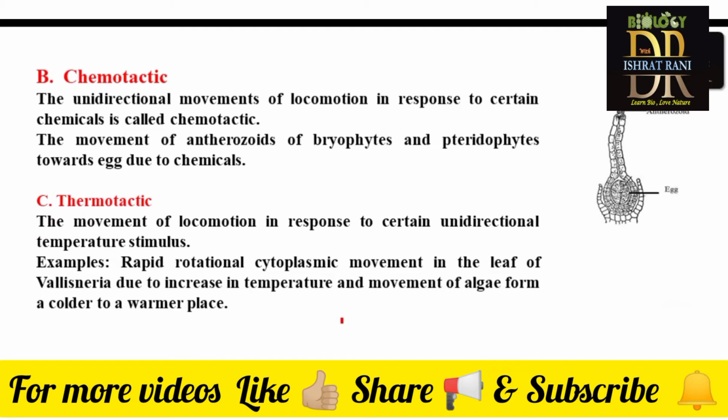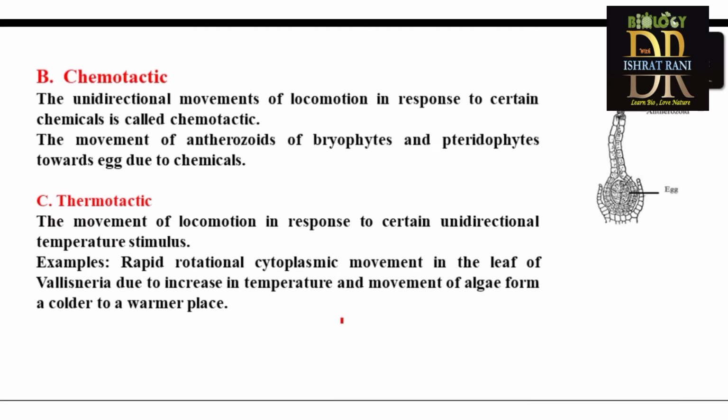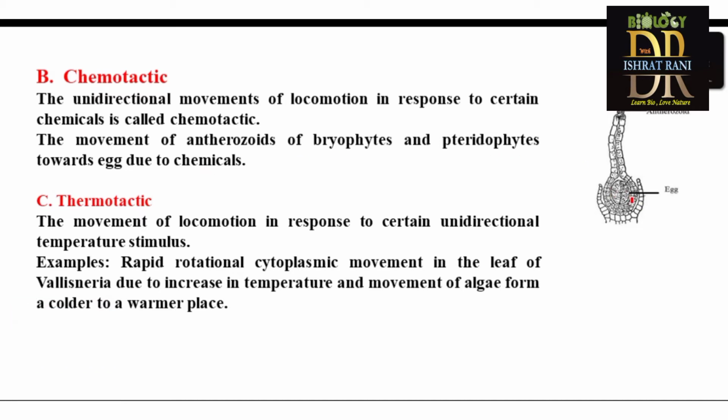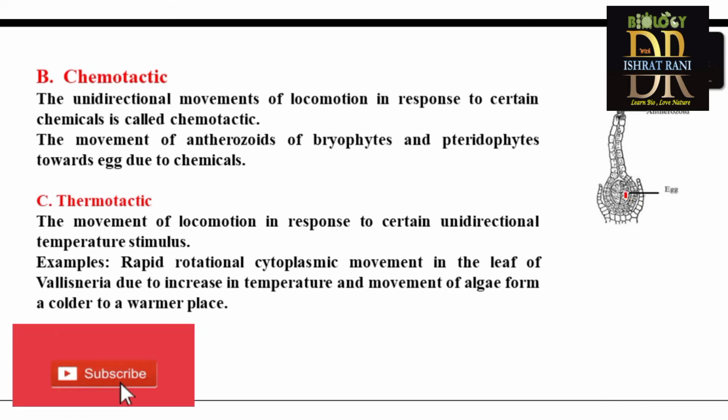Here is another type of movement, which you have observed or learned, that is chemotactic, in which, in bryophytes and pteridophytes, the antherozoids move towards the chemical because the female part, the archegonium, excretes malic acid.